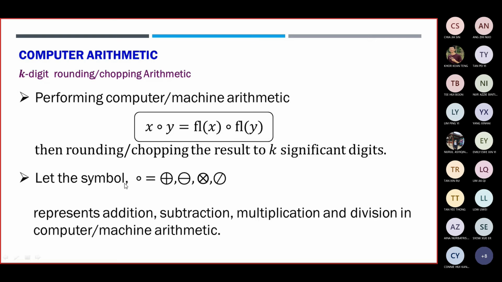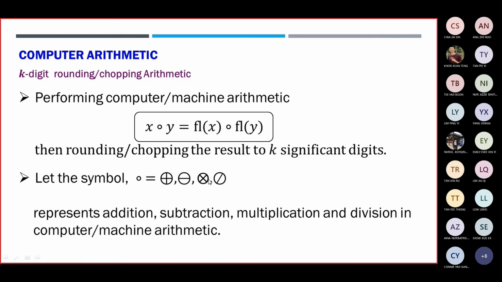In machine calculation, usually the addition, subtraction, multiplication, and division will be represented in this form. As you can see here, the symbols: the first one represents addition, the second one represents subtraction, the third one represents multiplication, and the last one represents division.